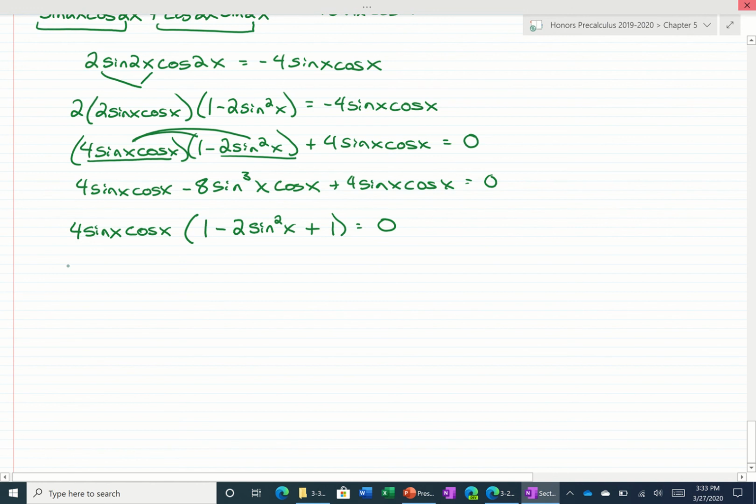So the question is, when is 4 times the sine of x cosine of x equal to 0? And when is 2 minus 2 sine squared of x equal to 0?